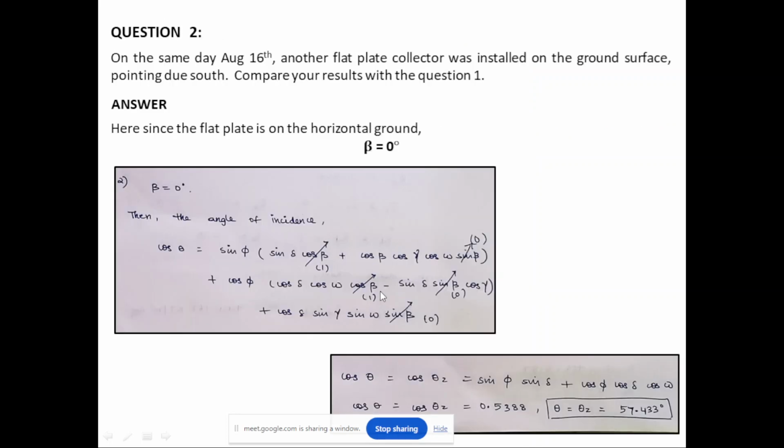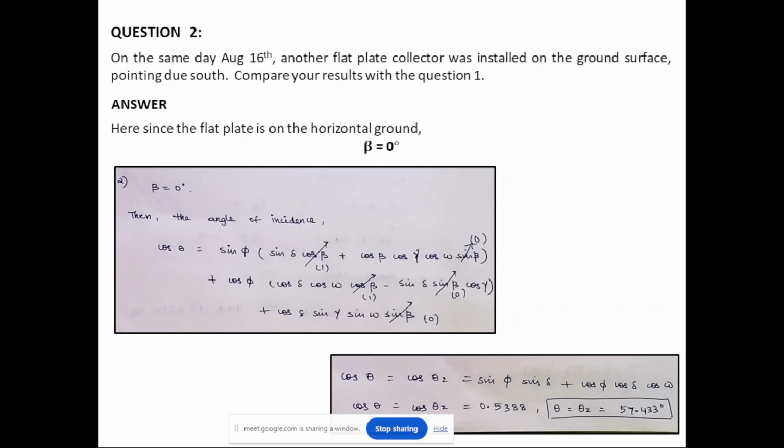So I hope everybody remembers how we solved the problem in week 1. Over there, I will tell you the difference. Over there we considered the value of beta to be 45. Here we consider the plate to be on the horizontal ground. So your solar collector, the flat plate collector, instead of having an angle beta, is on the ground.